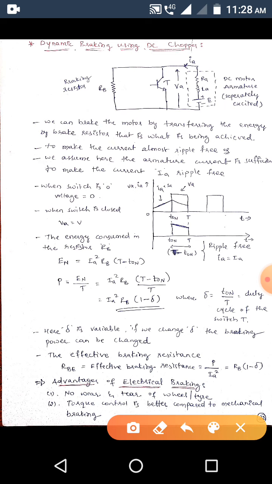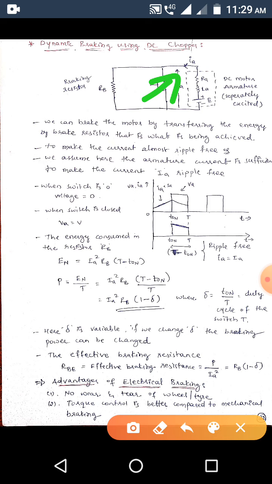Let us explain this by using the graph here. The x axis indicates the time axis, and the y axis is the voltage and current axis. As we saw in the previous class, if the thyristor is turned on, it means it is open.